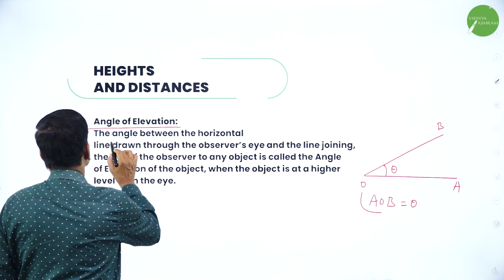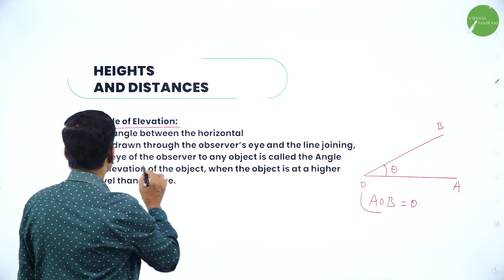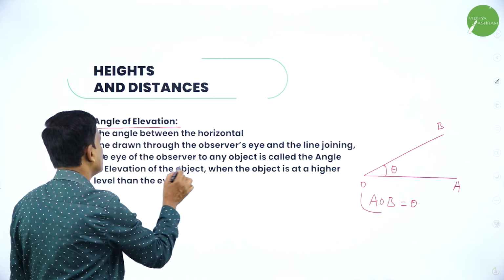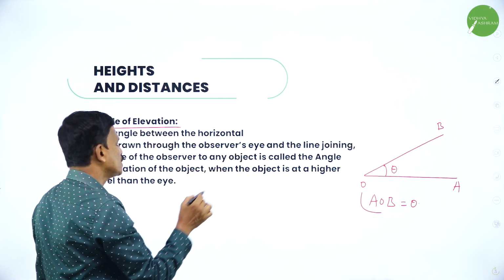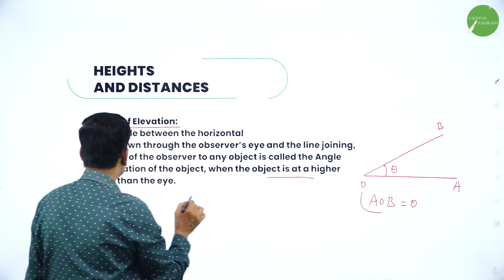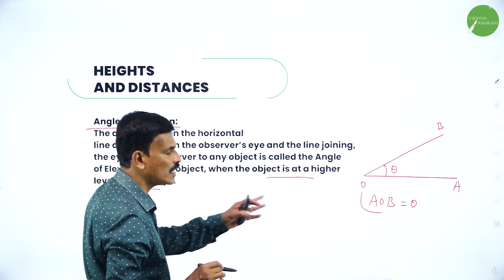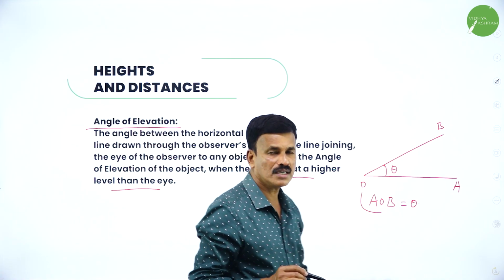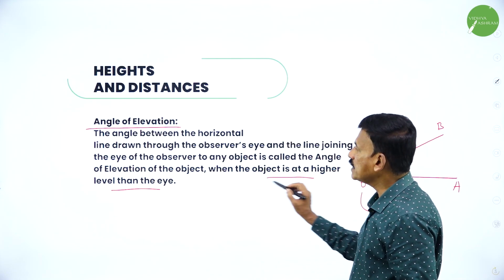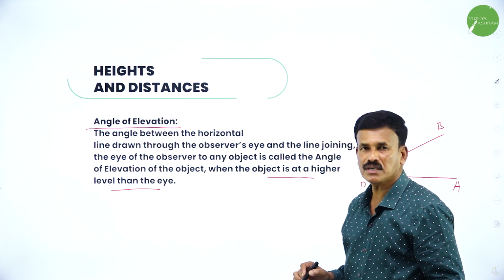That is, the angle between the horizontal line drawn through the observer's eye and the line joining the eye of the observer to any object is called the angle of elevation of the object when the object is at a level higher than the level of the eye, right?